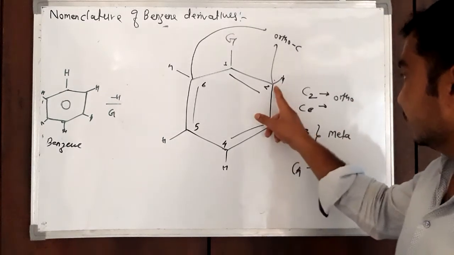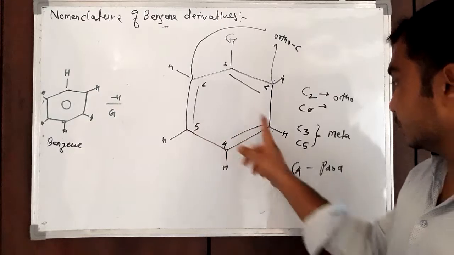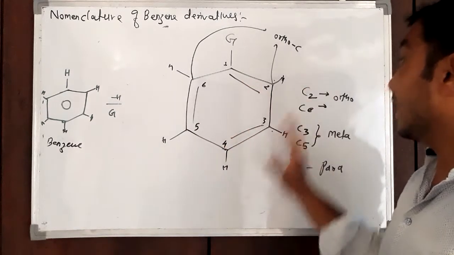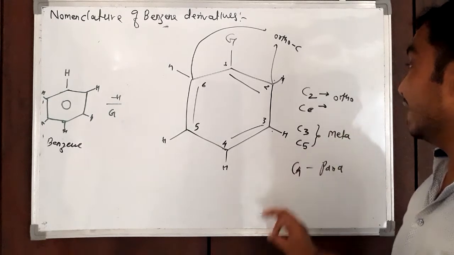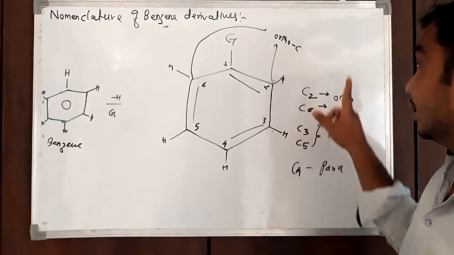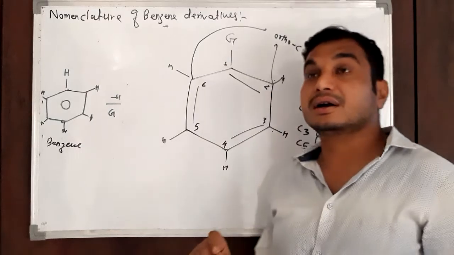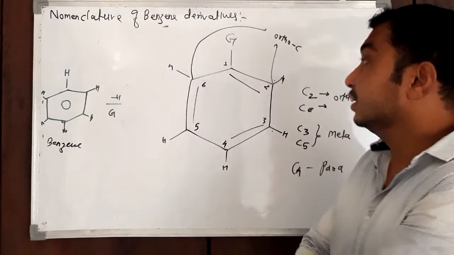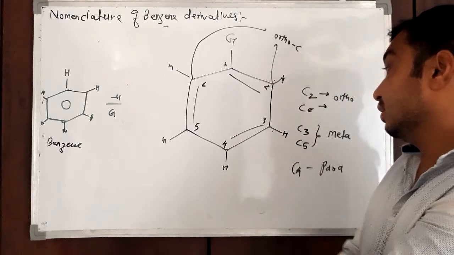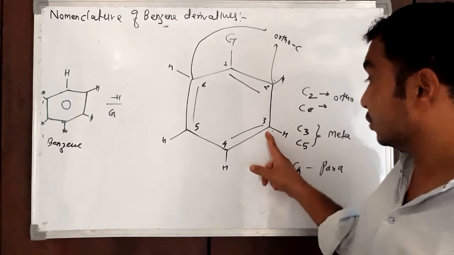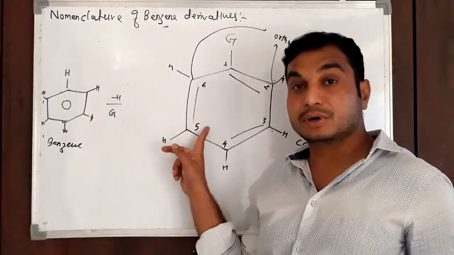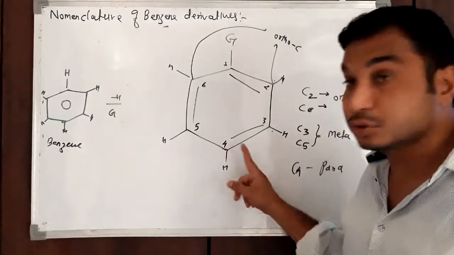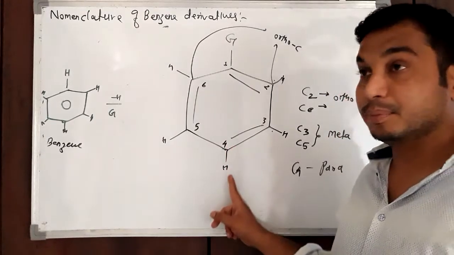These two are ortho positions, these two are meta positions, and this is the para position. The hydrogens attached to carbon number 2 and carbon number 6 are called ortho hydrogens. Hydrogens attached to carbon number 3 and carbon number 5 are called meta hydrogens, and this is the para hydrogen. Para carbon, para hydrogen.